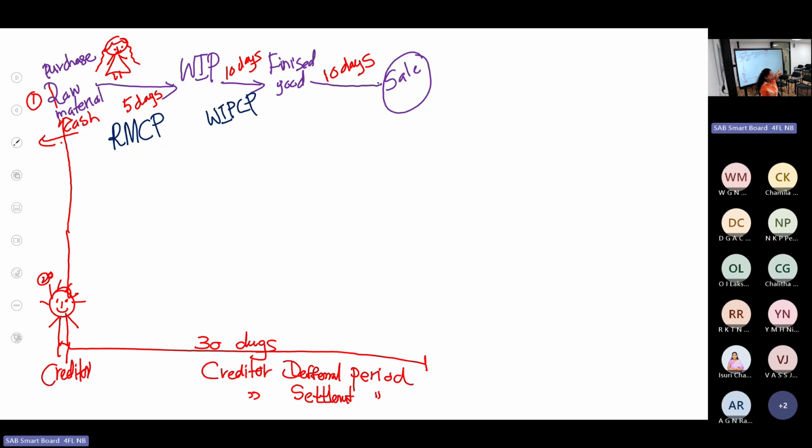Which one is going to be converted? Raw materials. Raw material converted to the work in progress.